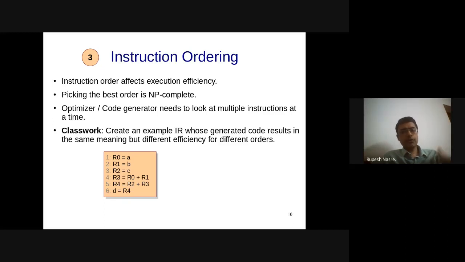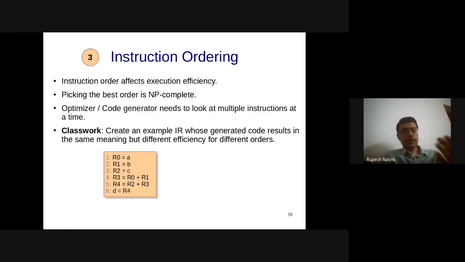This is assembly code because I am using registers. This is not an IR. It is loading all the variables that I require into the registers one by one and then using those.